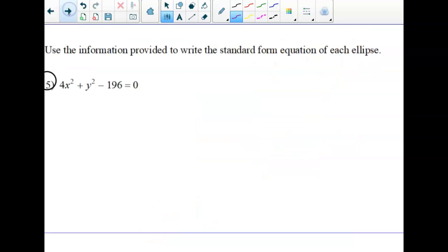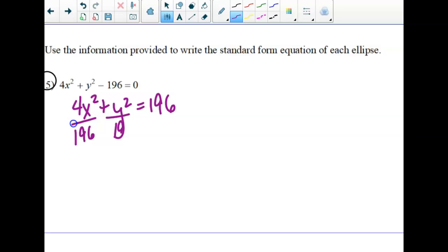All right. This one is just rearrange it. If we add 196 over to the other side, we get 4x squared plus y squared equals 196. And then what do we have to do, guys? Yeah, it's got to equal 1. So we get equals 1.